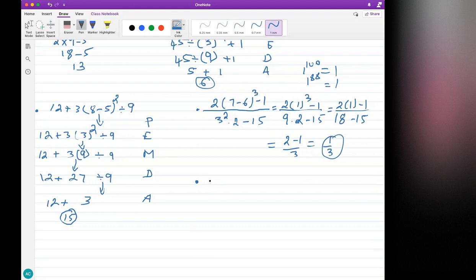So let's say you have 5 plus 2 times, let's say 8 minus 2 to the third plus 1. But actually, let me put some parentheses here too.